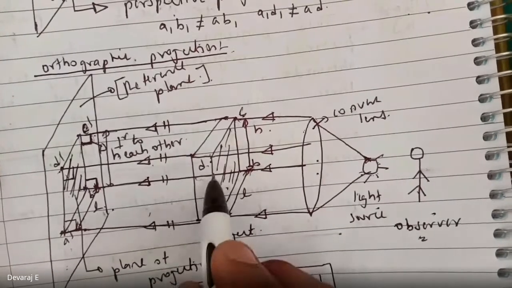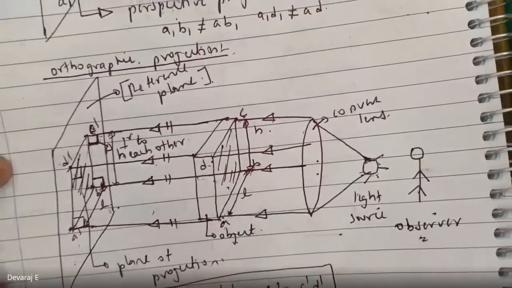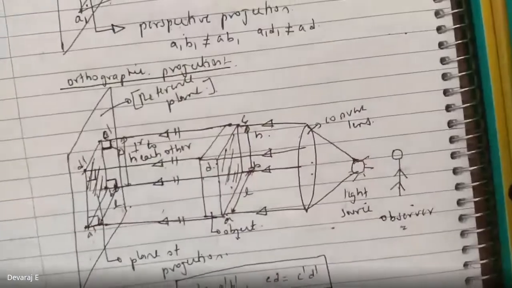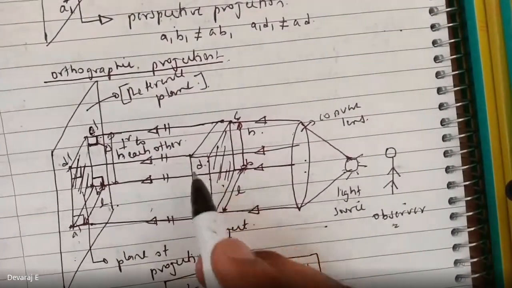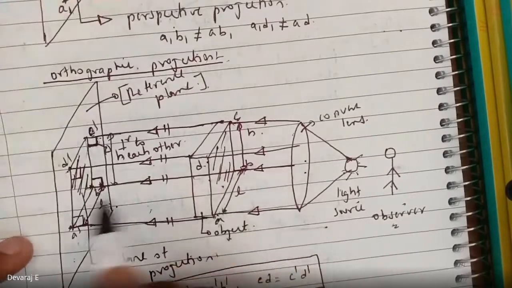In orthographic projection the length is always the same. If you measure, AB will always be equal to A dash B dash. That is the concept here. For that sake only we use orthographic projection. You will get the same true length.